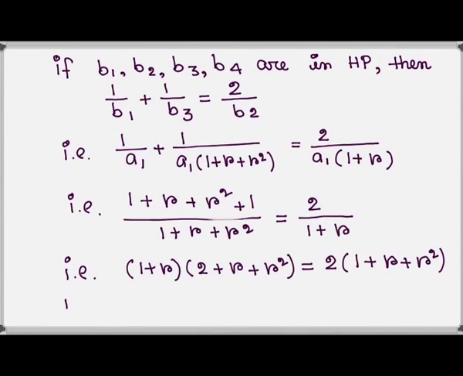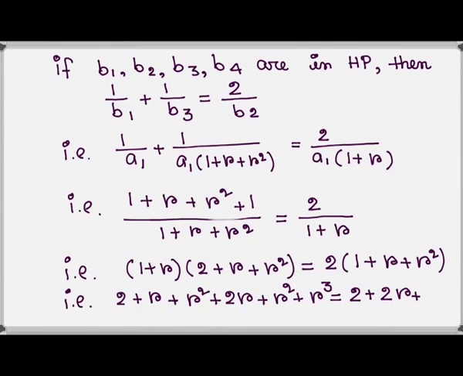Simplifying this, we get 2 plus r plus r square plus 2r plus r square plus r cube shall be equal to 2 plus 2r plus 2r square.